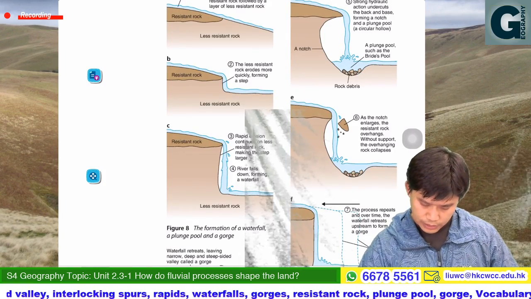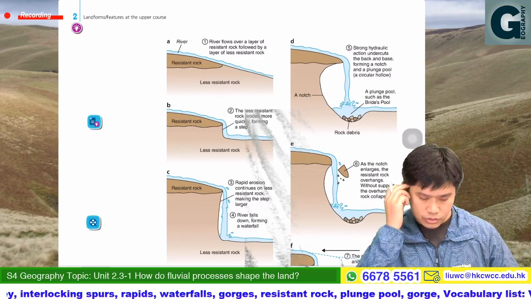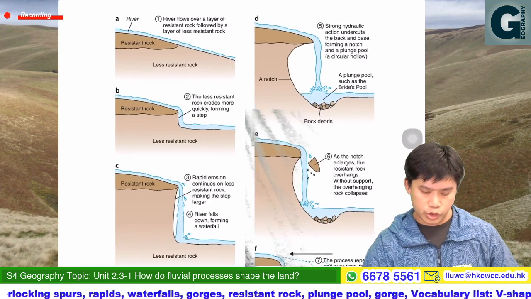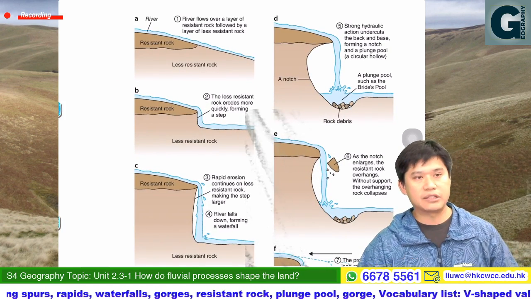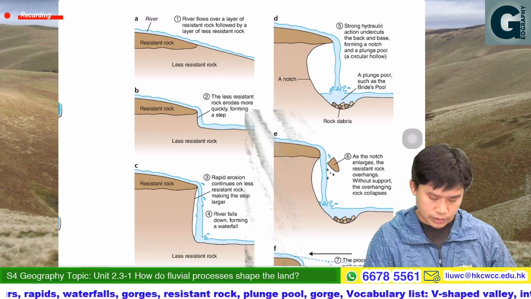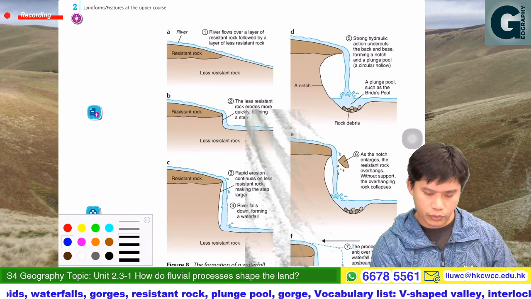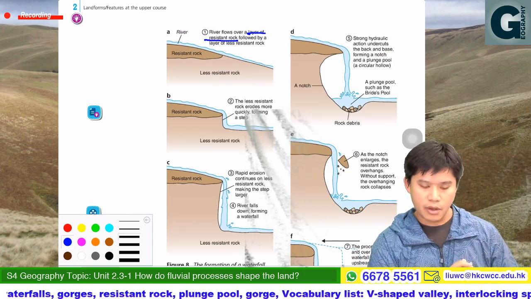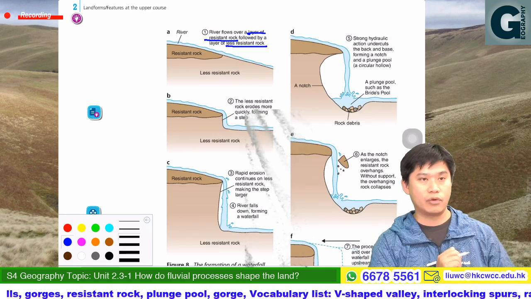Okay, and in your textbook on the next page, you can see the diagram that shows how a waterfall is formed, which is similar to my drawing. Like the first one, the river flows over a layer of resistant rock, followed by a layer of less resistant rock.